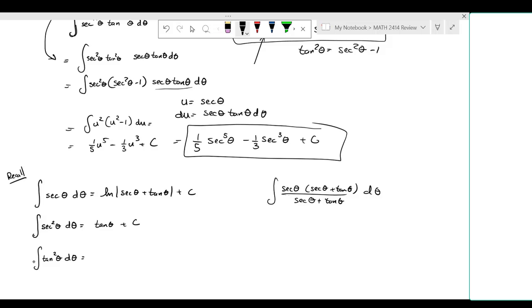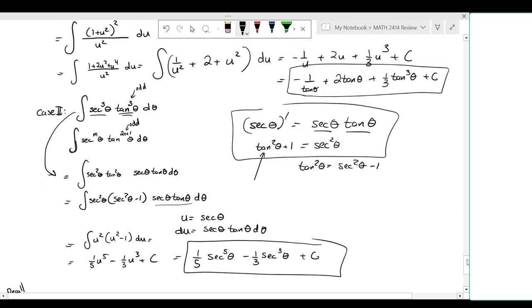Yeah, we know the antiderivative of secant squared. We don't have memorized the antiderivative of tangent squared, but we can express tangent squared as secant squared minus 1, using the Pythagorean trig identity.